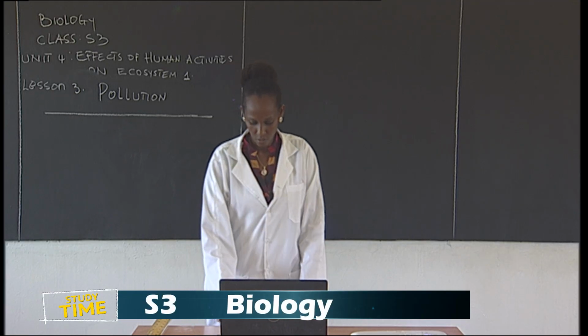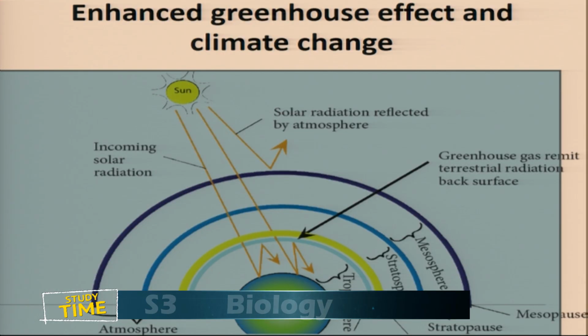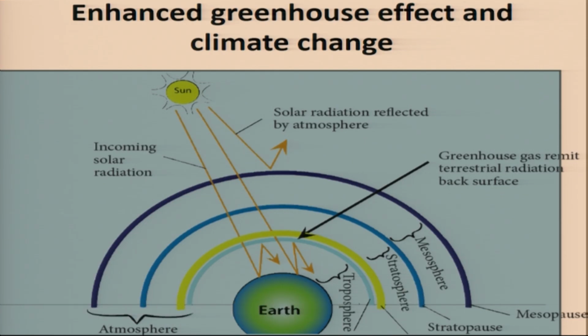All right? Good. Now, there is this enhanced greenhouse effect and climate change. So as we have been talking about the greenhouse gases that are emitted in the atmosphere, look at the diagram there. Normally, we get the solar radiation, right?